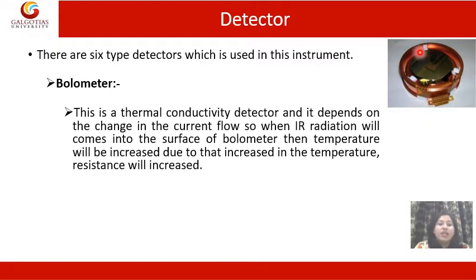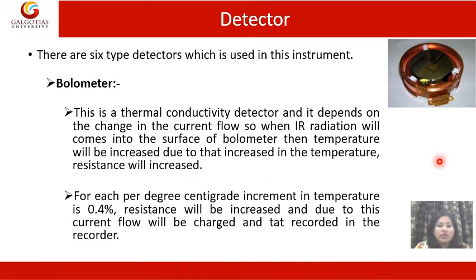Due to that increase in temperature, resistance will also increase. For each degree centigrade increment in temperature, resistance increases by 0.4%. So, resistance will be increased and due to this, current flow will be changed and recorded in the recorder.